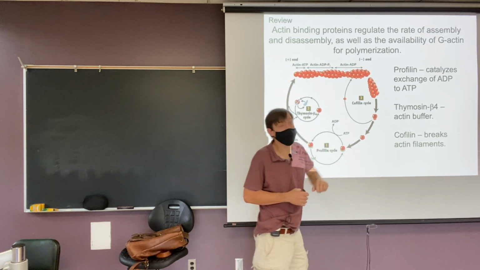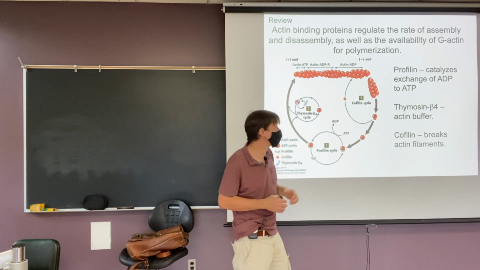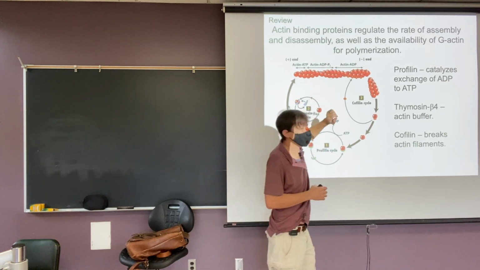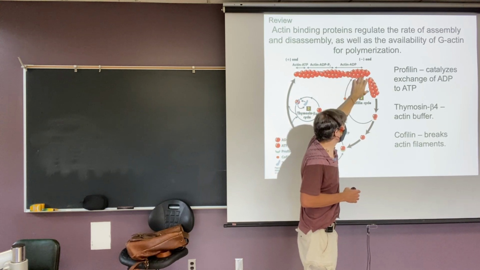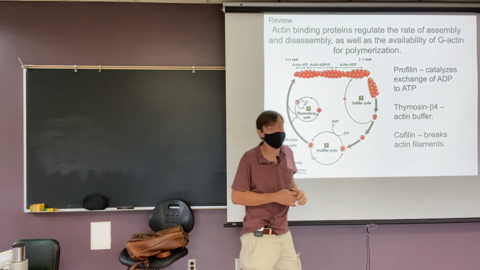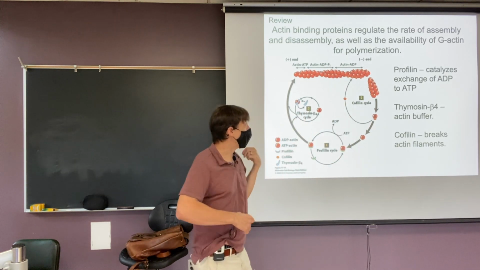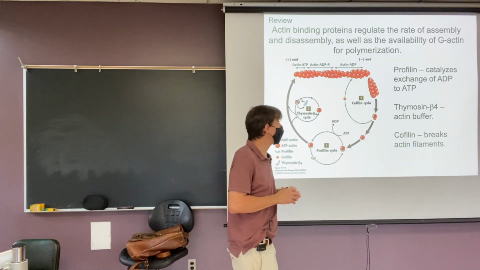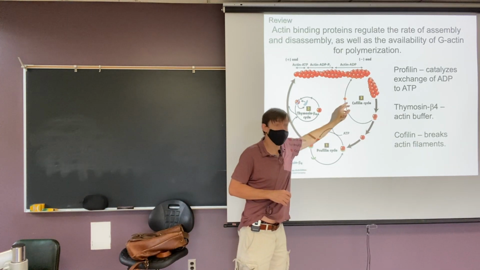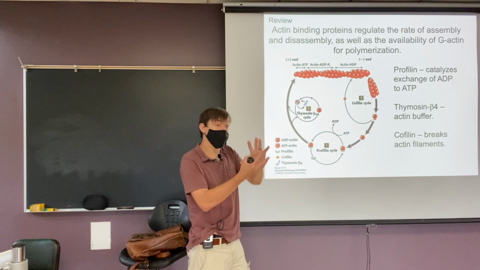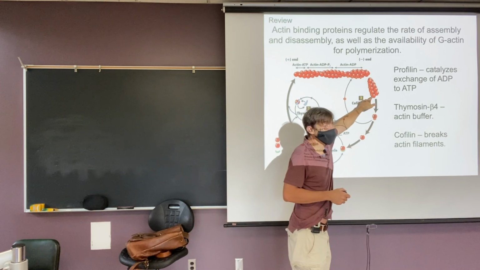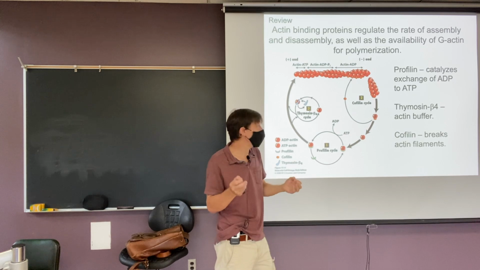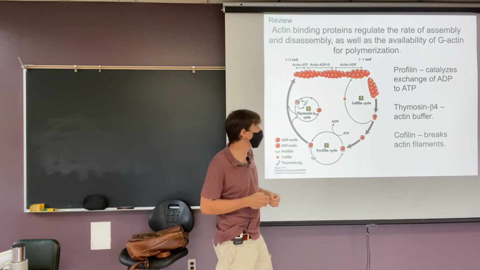Over time, that ATP gets hydrolyzed to ADP plus phosphate, and then that phosphate is eventually released, and we have ADP actin at the end here. There's a protein called cofilin that comes in and cleaves the actin filaments and breaks them into small fragments from which actin can depolymerize.